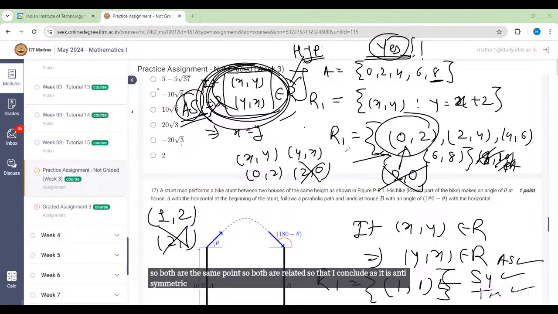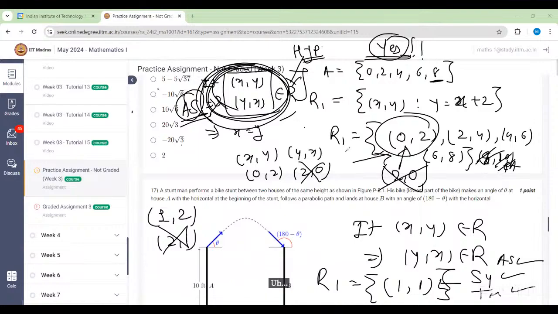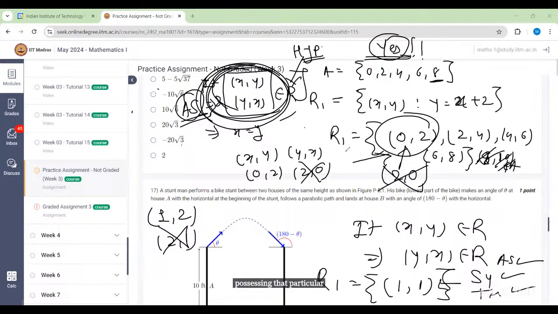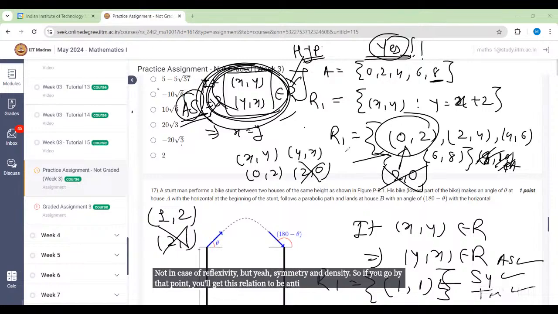No, I don't think that's a good way, because if you go by the definition and use that particular point we discussed in the first lecture, that if you don't get any counterexample, you'll just say that the relation possesses that particular property, whether it is symmetric, transitive, or anything else. Not in the case of reflexivity, but yes for symmetric and transitive. So if you go by that, you'll get this relation to be antisymmetric.